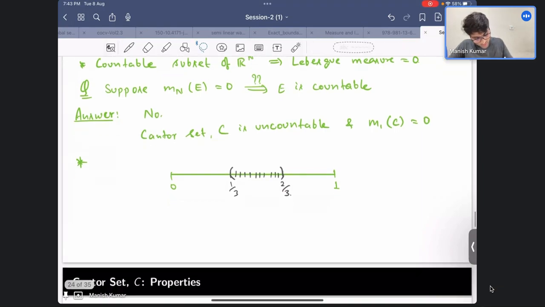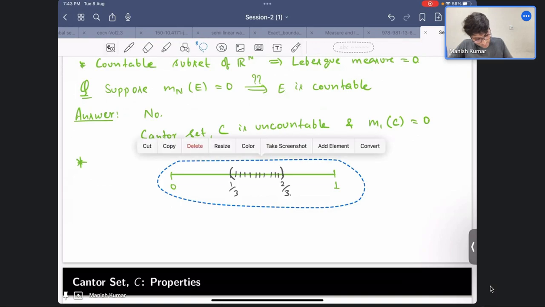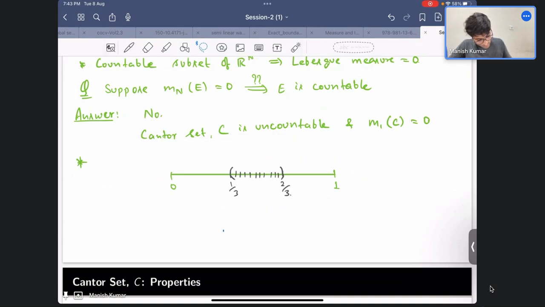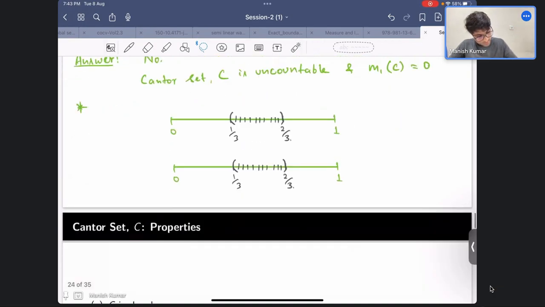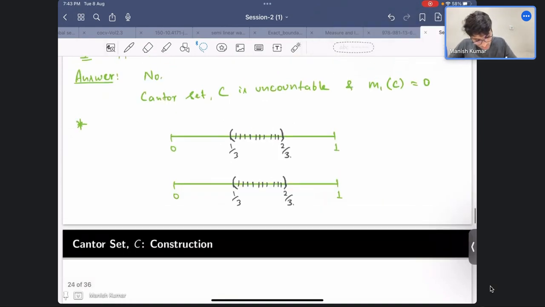In that case, what you get is this one, right? If you remove this part, you are left with this part.